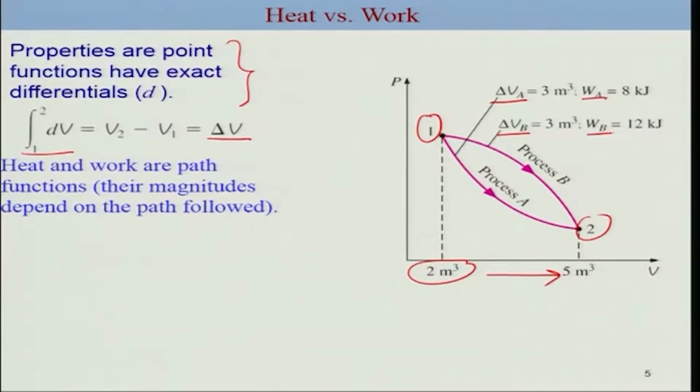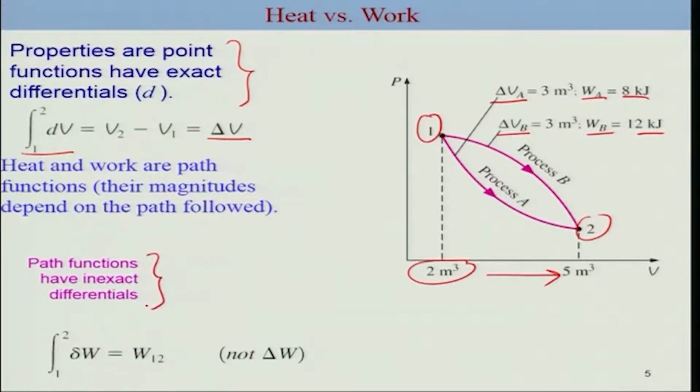For work, you can see different values for different processes, because they depend on the path. So the path functions, as we have already discussed, have an inexact differential. So if you integrate the work along a path, it should not be delta W. It should be written in the form of, let's say, W12.